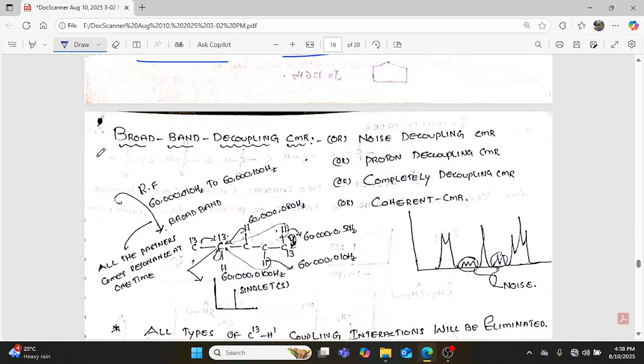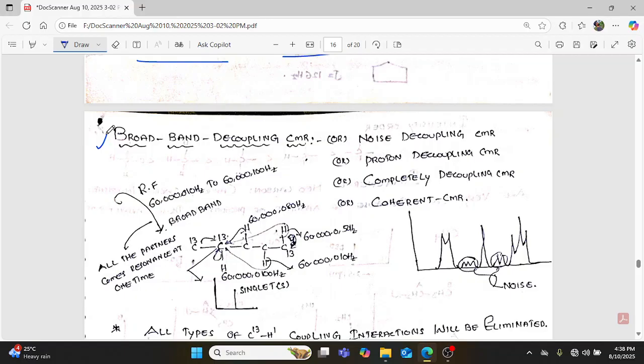Now come to the first type of decoupled C13 NMR spectra, that is broadband decoupled spectra. This is also called noise decoupled spectra, proton decoupled spectra, completely decoupled spectra, and coherent decoupling spectra. These are the other names of broadband decoupled spectra. The name itself indicates broadband.